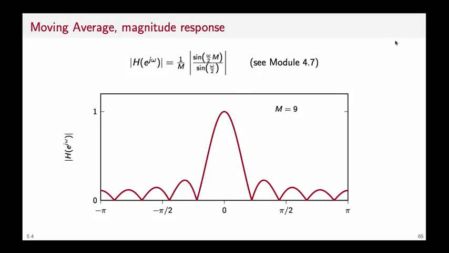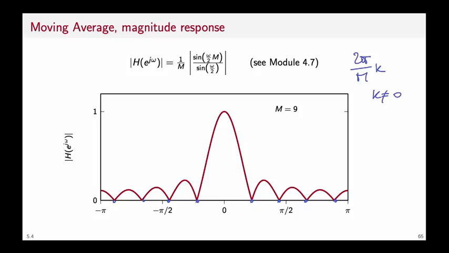An interesting thing to remember is that the magnitude response is going to be 0 at multiples of 2 pi over capital M, except in 0. So here you see that you have indeed capital M minus 1 zeros along the frequency axis.